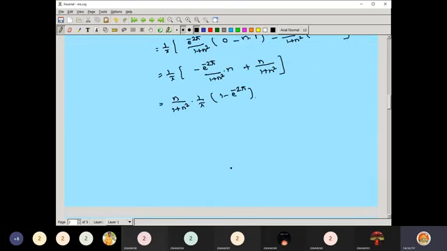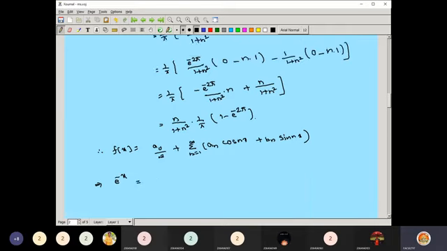Now you can directly substitute in the formula. So therefore f of x is equal to, as per the formula, a0 by 2 plus summation n equal to 1 to infinity of an cos nx plus bn sin nx. So there you are substituting. So f of x is nothing but e power minus x.